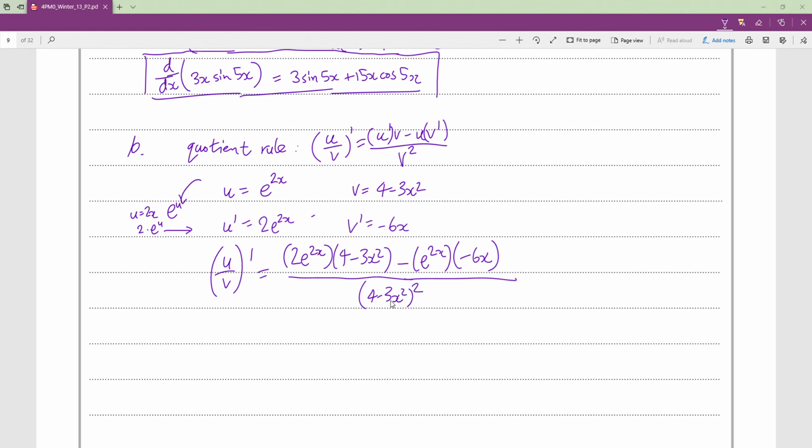And funnily enough, you can leave your answer in this form, because they do not ask you to simplify. So let's just put d dx of e to the 2x over 4 minus 3x squared. Let's leave it like this, and we can call it a day. That's literally our answer.